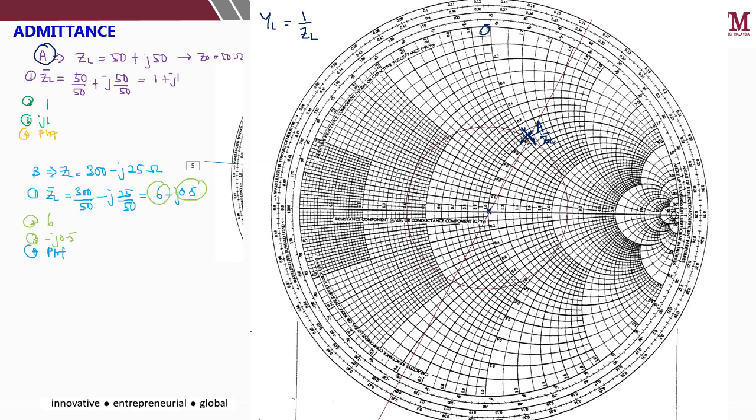In the opposite direction, you'll get your admittance, so Y of A. Okay, so from the admittance, then as usual, you can get the real value and also the imaginary part of it.